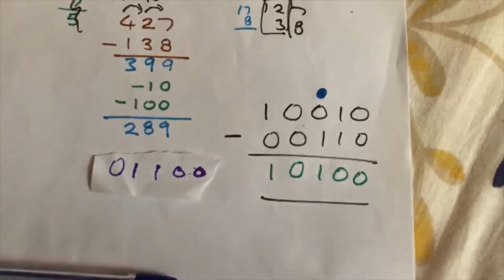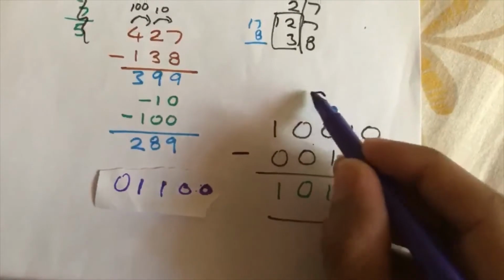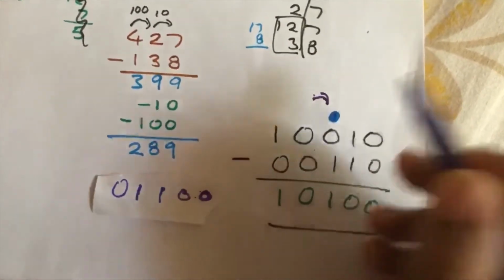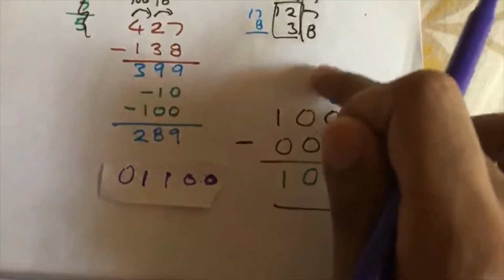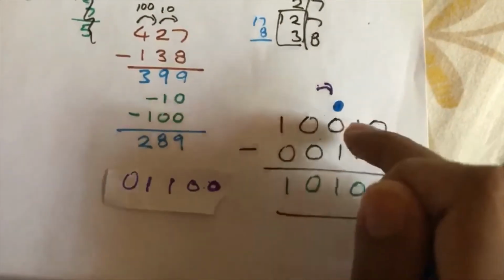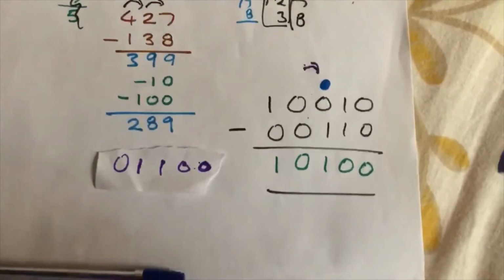We are borrowing it from the next consecutive digit. But for now, just consider that whenever a 0 and a 1 comes, we need a borrow.